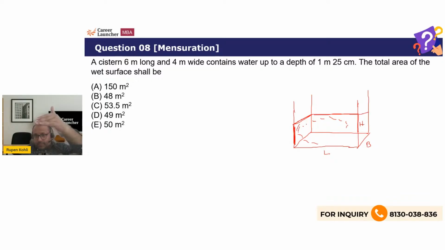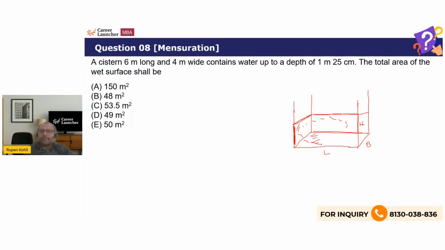So there are these four walls, and there is obviously the base, but on the top there is water itself, so there is no surface on the top which is wet, right?